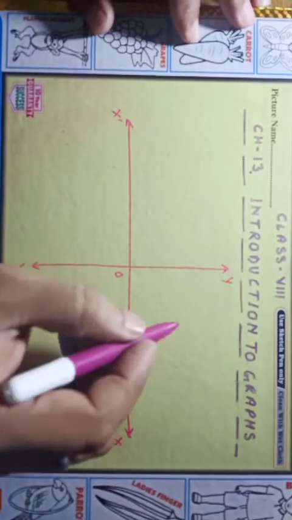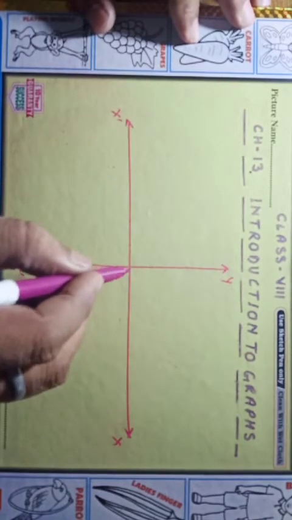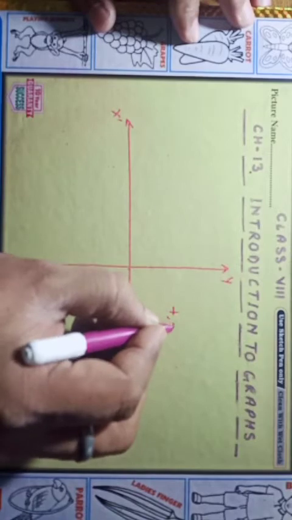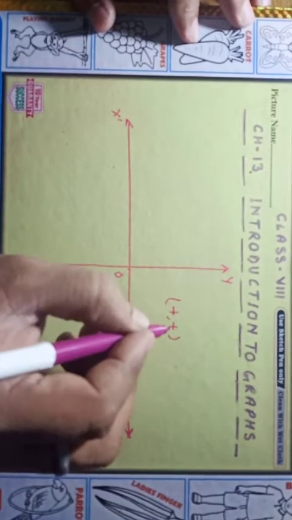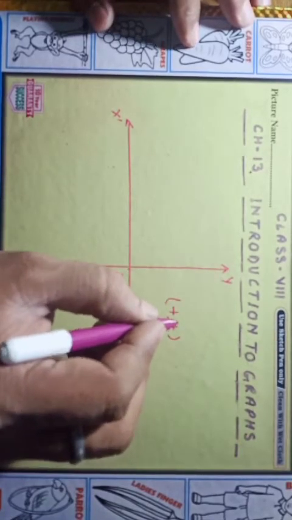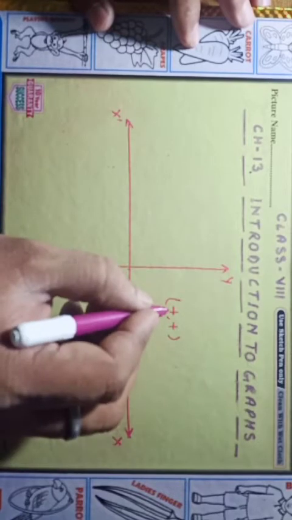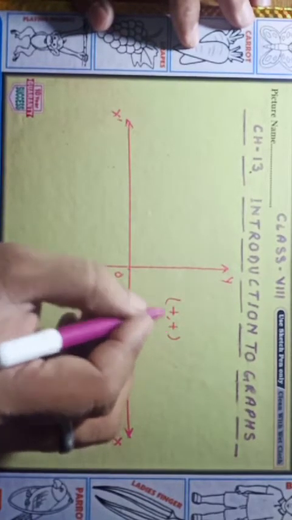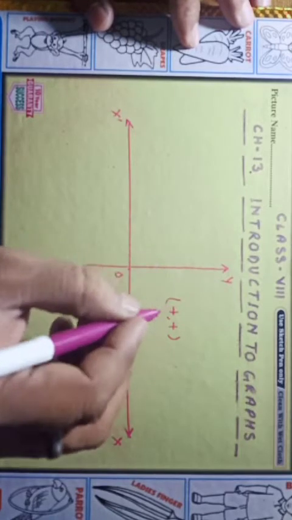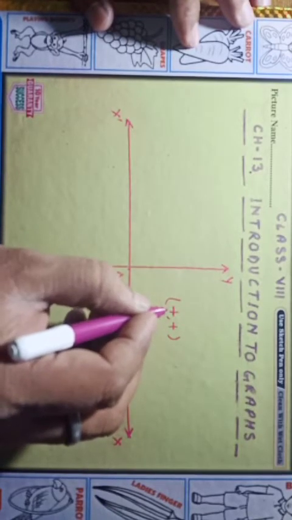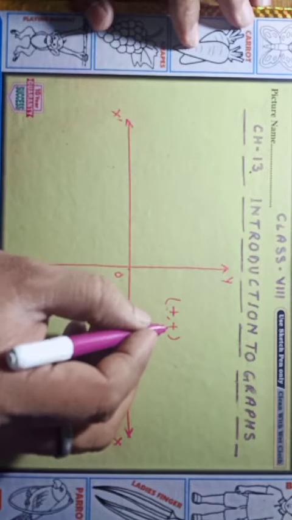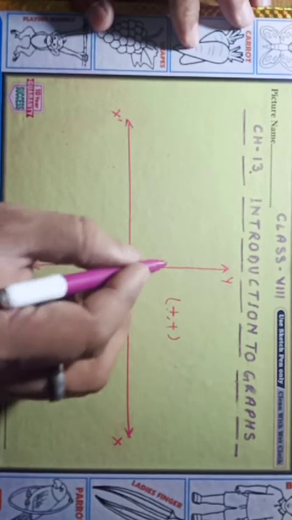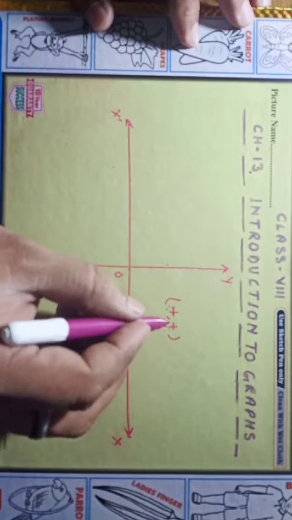Now in the first quadrant, OX is positive and OY is positive, so the values are plus. Every point consists of two numbers. The first number depends on the x-axis and is called the x coordinate, and the second number depends on the y-axis and is called the y coordinate. In the first quadrant the signs are plus plus.